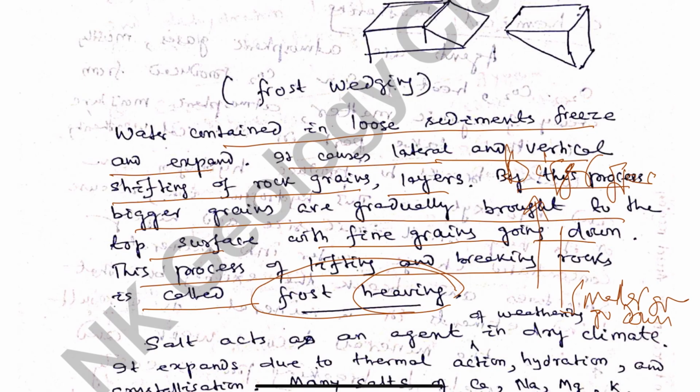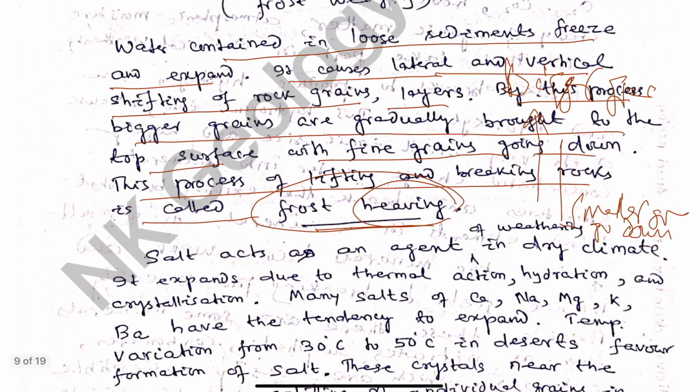They have been converted into very fine grains or soil. So soil or finer rock fragments go down and coarser rock fragments are brought to the surface, and this is brought about by formation of frost, formation of ice within the loose sediments, and this process is called frost heaving.